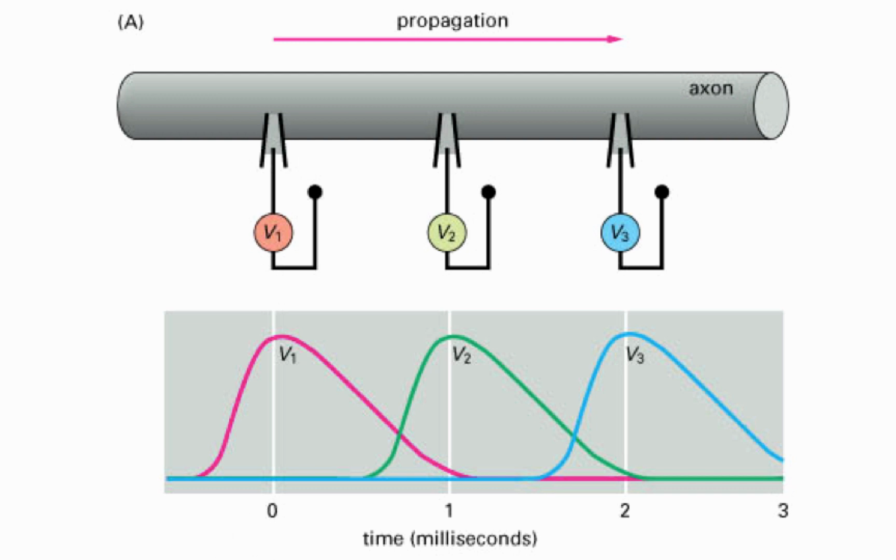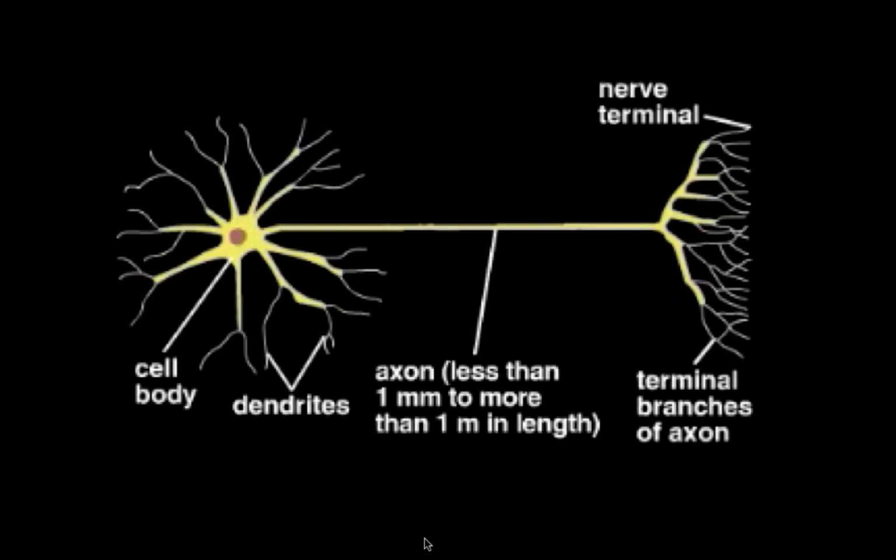What you can appreciate is that the potentiometers are able to measure voltage where the initial action potential is generated, but with time that voltage goes down and is only detected by voltage meter 2, because the action potential is traveling to the right, and eventually that becomes 0 again. The signal is then detected by voltage meter 3 as a wave that is moving from left to right along the axon. So that's the process of propagation of the action potential.